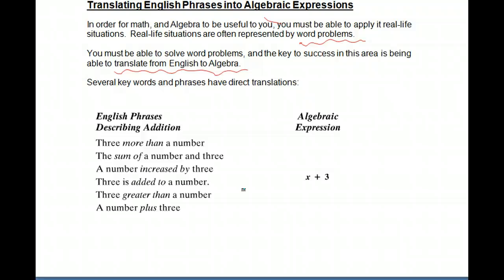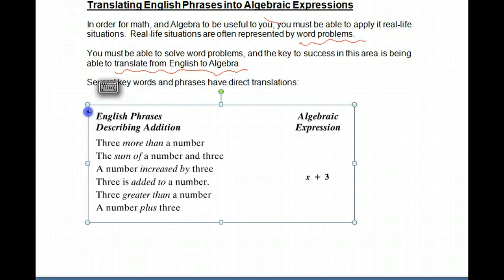The first set of key phrases that I have here for you are English phrases that describe addition. All of these phrases describe the algebraic expression x plus 3.